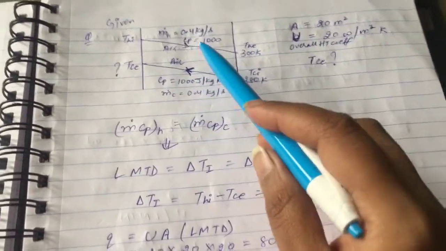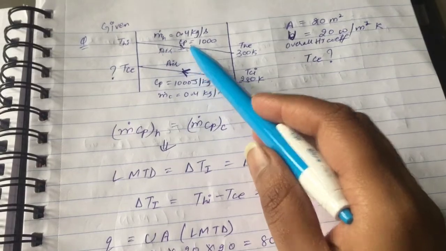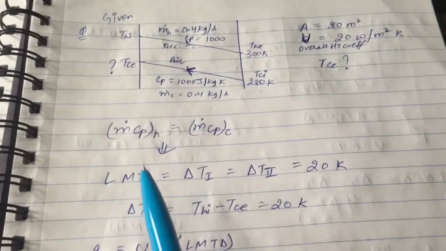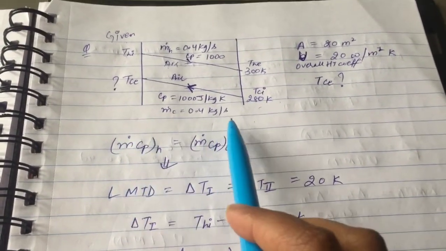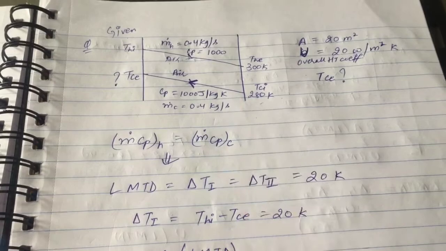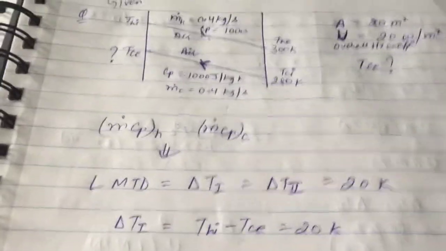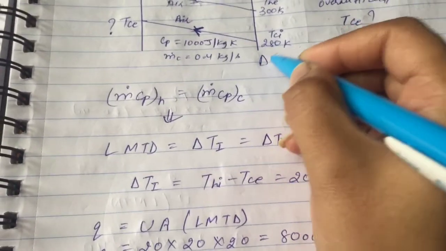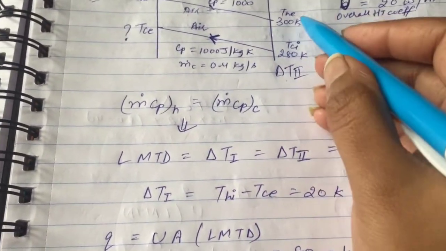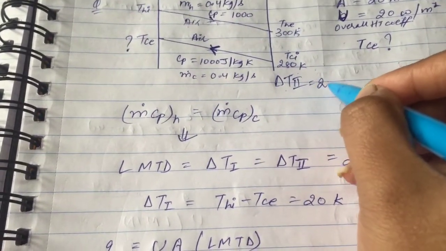So as we said, m dot Cp of both hot and cold air is equal, which means LMTD would be equal to the temperature difference for N1 or for N2. From this end we can see ΔT for the second end would be 300 minus 280, which is equal to 20 Kelvin.